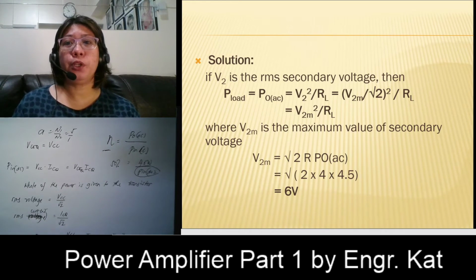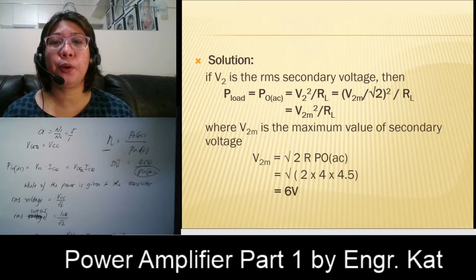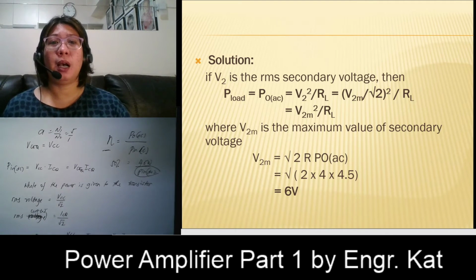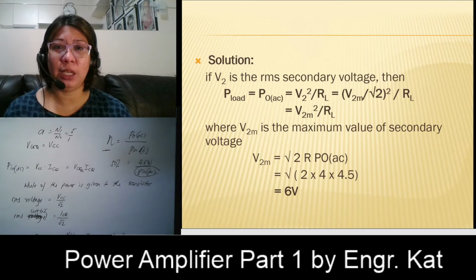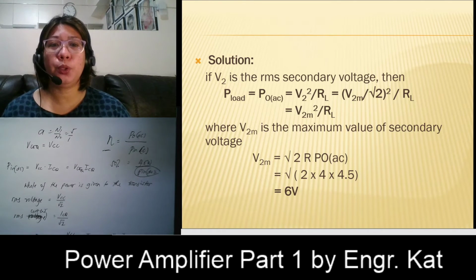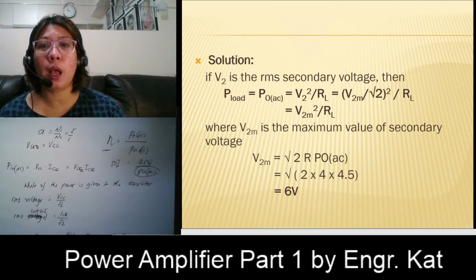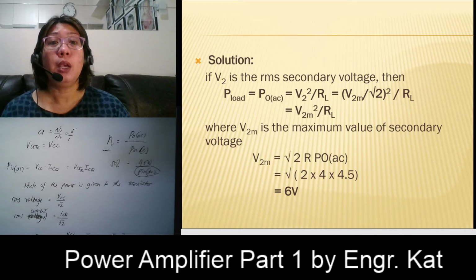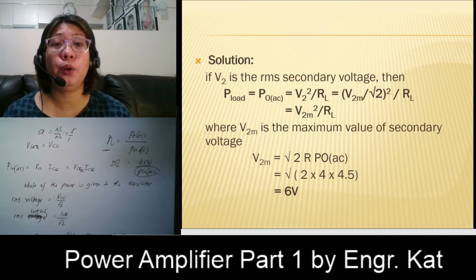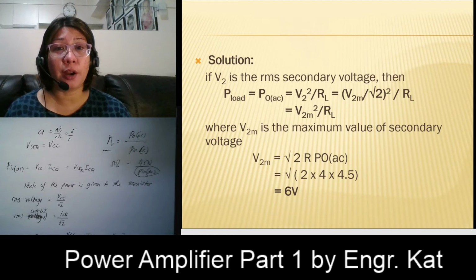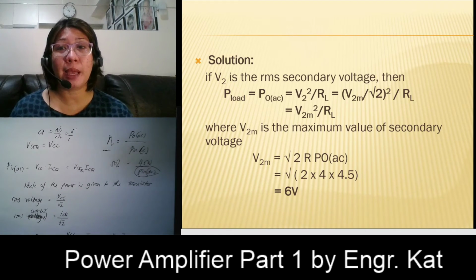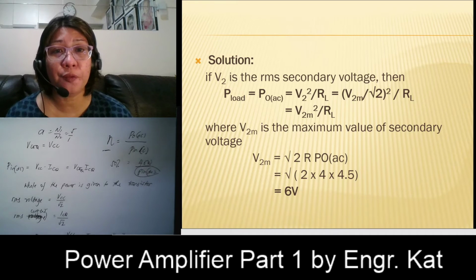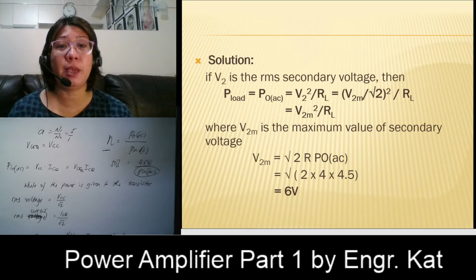So our solution is we have to solve for V2, which is the RMS secondary voltage. How do we solve for V2? We are given the load power, or PO AC power, that is the converted power to the load. That is equivalent to V squared all over RL in terms of RMS. That is equivalent to the peak secondary voltage divided by square root of 2, squared, divided by RL.